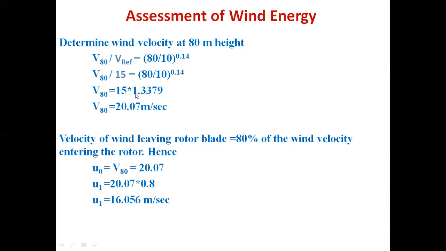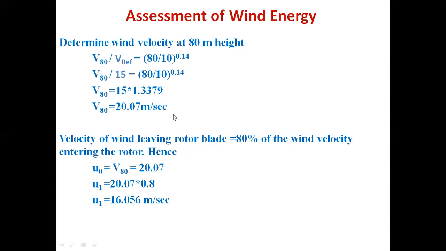We multiply 15 with 1.3379 and it comes as 20.07 meter per second. That means at reference height or at 10 meter height, the wind velocity is 15 meter per second, but at 80 meter height where the wind turbine has been installed, the velocity of the wind will be 20.07 meter per second.